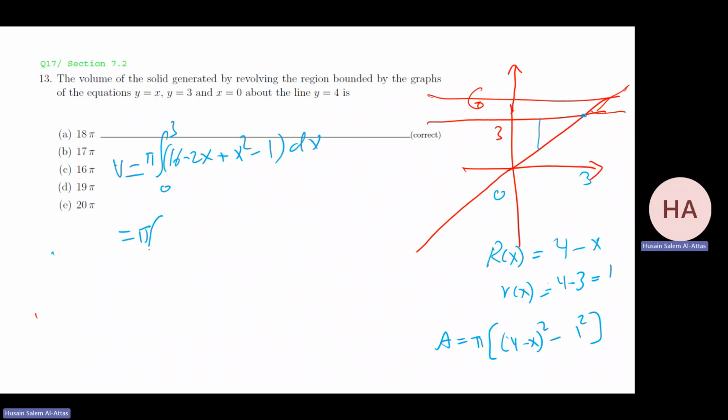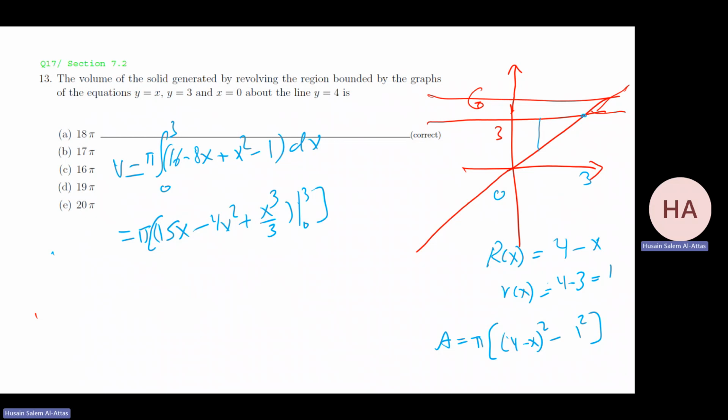That gives me 15x minus 4x squared plus x cubed over 3, from 0 to 3.